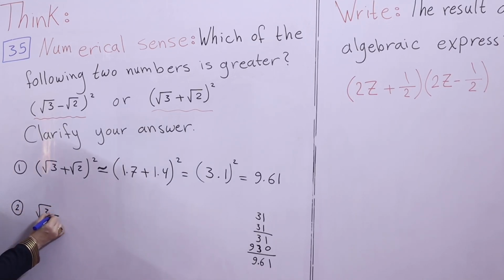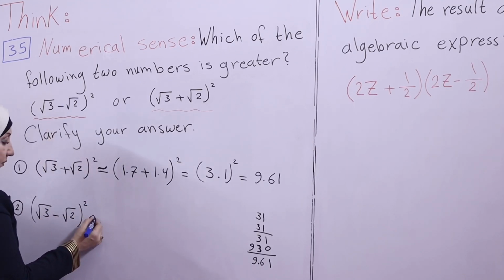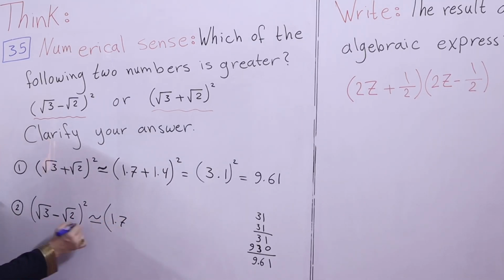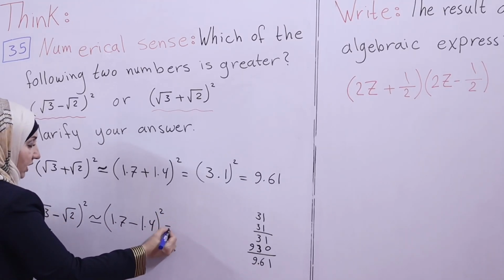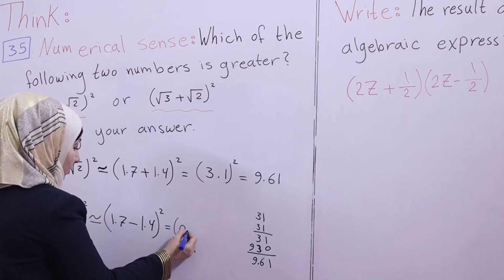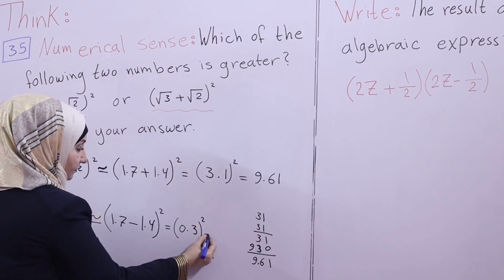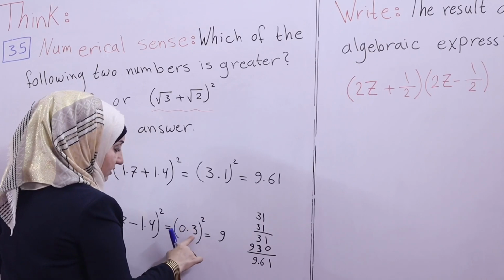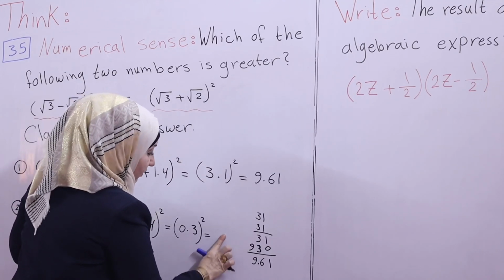So square root of 3 minus square root of 2, all between two brackets squared, will be approximately square root of 3 equals 1.7 minus square root of 2 approximately equals 1.4, squared. 1.7 minus 1.4 equals 0.3, all squared. 3 multiplied by 3 equals 9, but we take two places, so it will be 0.09.